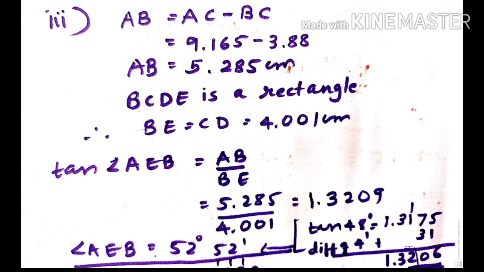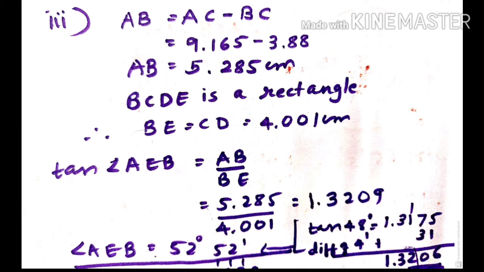You see here upside down, the places after the decimal point are the same, 3 places after the decimal point. So we can remove the places and divide to get our answer. So my answer is 1.3209 for tan angle AEB.